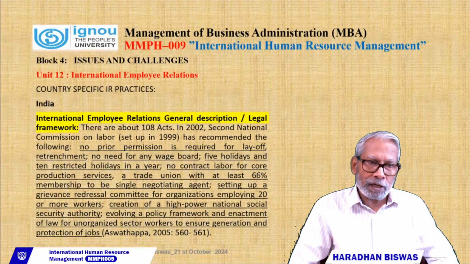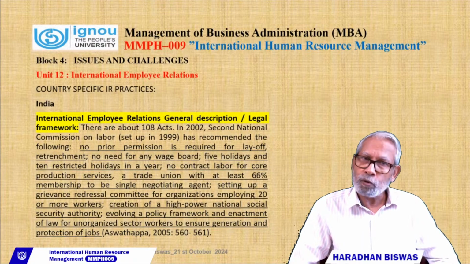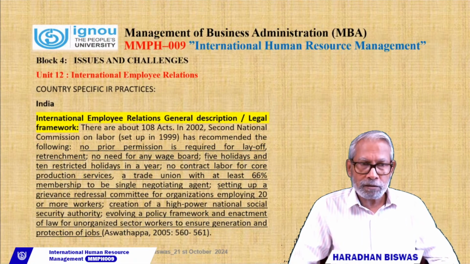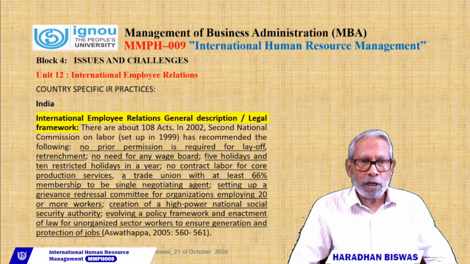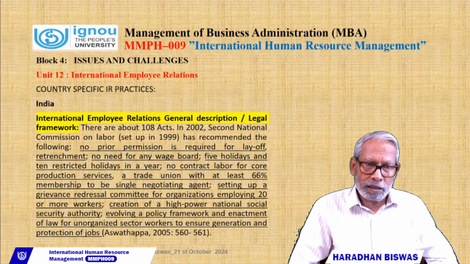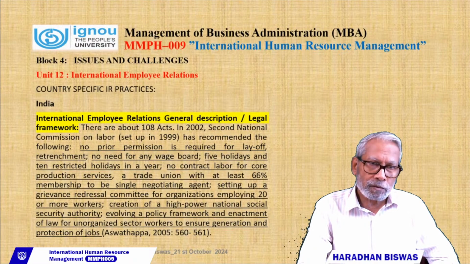Then setting up a grievance redressal committee for organizations employing 20 or more workers. Creation of a high-power national social security authority. These all are the things listed in 1999 by the National Commission on Labour.